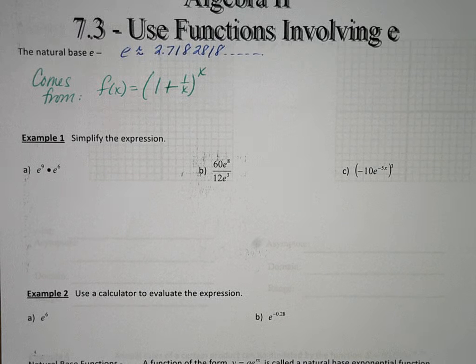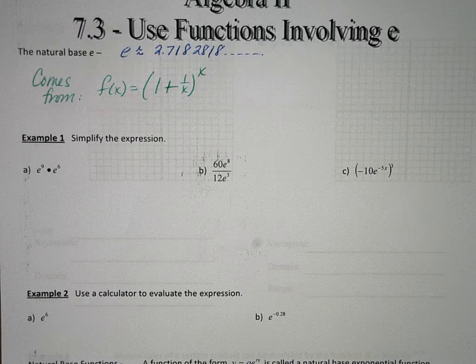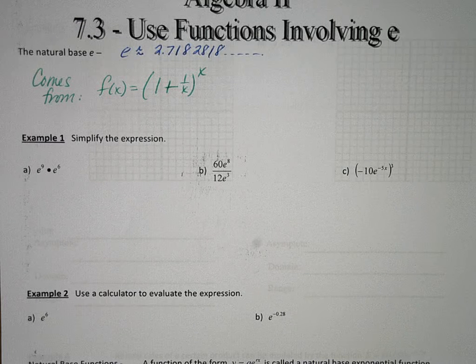I want you to plug in the number that I tell you. So, 10, 20, 30, 50, 70, 90, 110, 150, 175, 200, 250, 300, 400, 500, 600, 700, 1,000, 2,000, 3,000, 4,000, 10,000.